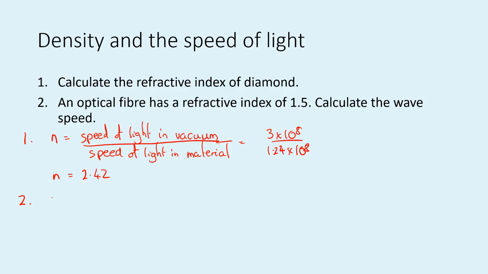Second question, we're told an optical fiber has a refractive index of 1.5. Calculate the wave speed in the material. So we just rearrange this equation, swap over n and speed of light. So the speed of light in the material will be equal to 3 times 10 to the 8 divided by 1.5.